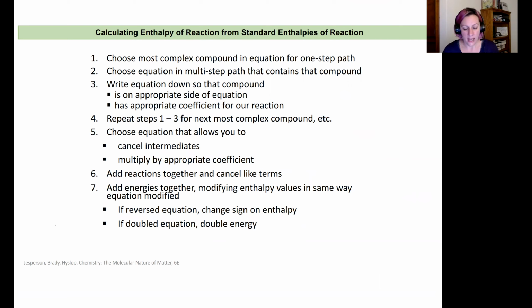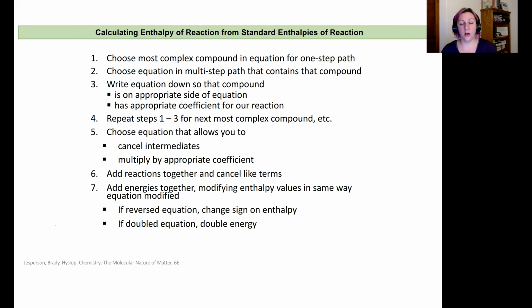In general, it's advice like: choose the most complex compound in the equation for a one-step path, then choose an equation for the multi-step path that contains that same compound. Write down the equation so the compound is on the same side of the equation as in the reaction you're interested in, and then manipulate the enthalpy to match any manipulations you did to that equation. So if you had to flip it, you multiply it by -1.